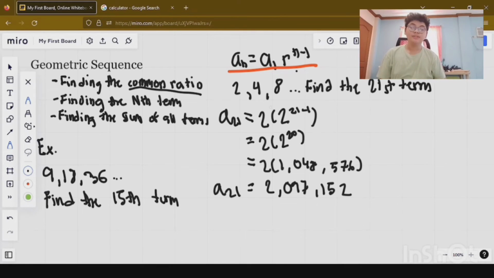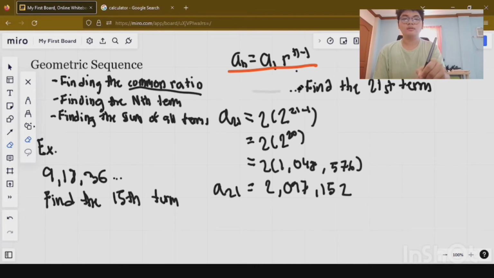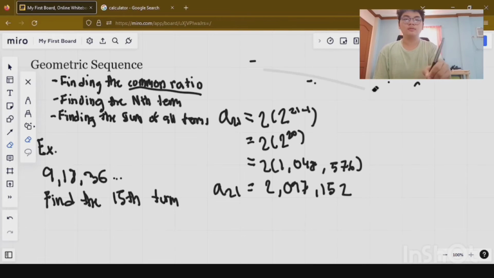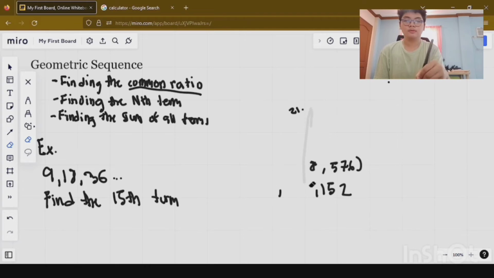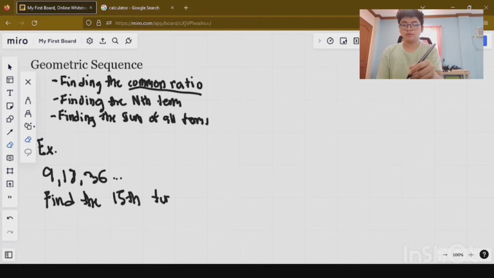Okay, now that we're done with finding the nth term, we're going to move on to the sum of all terms. I'll use the same example as earlier.